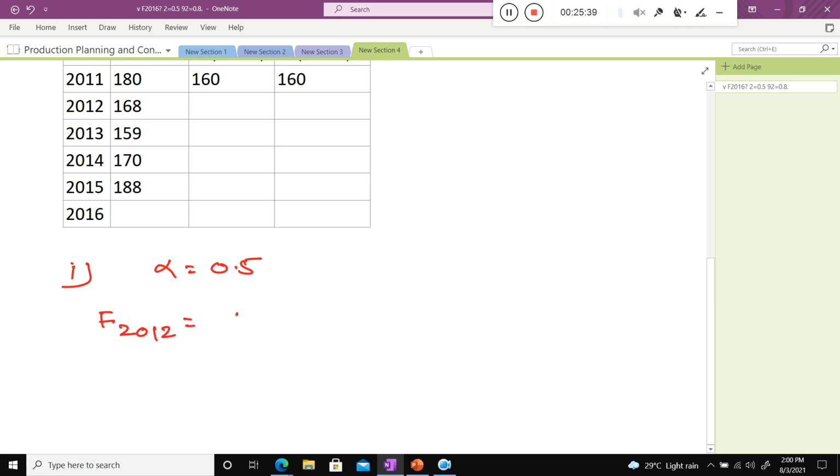Let me write the formula first: alpha into D2011 plus 1 minus alpha into F2011.